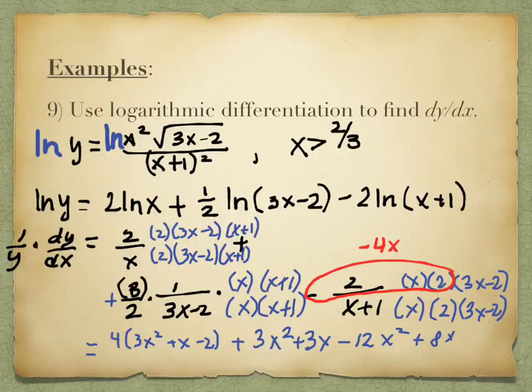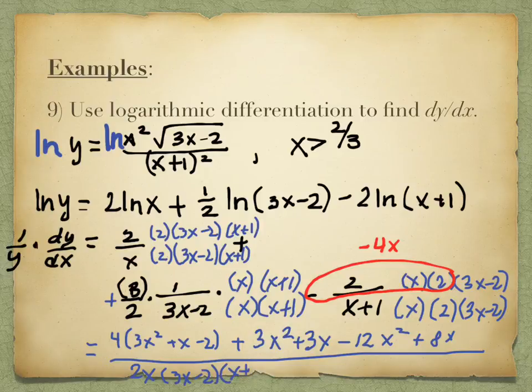And my denominator is going to have a 2x times 3x minus 2 times x plus 1.